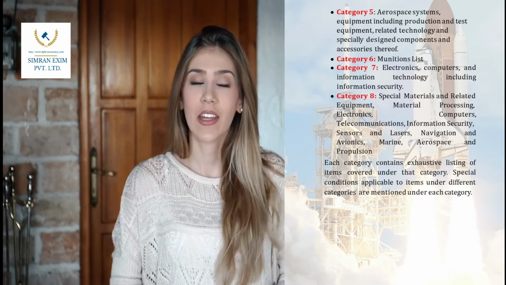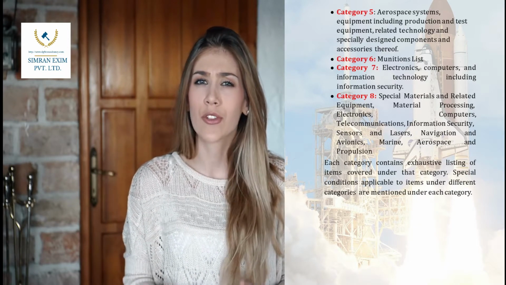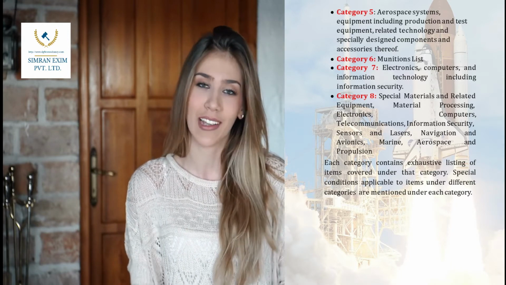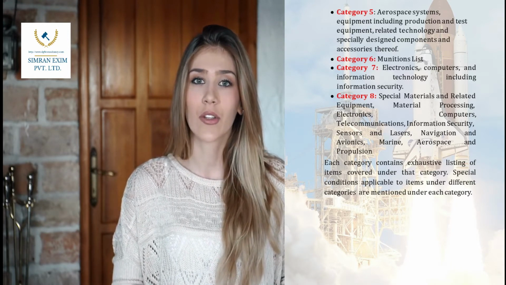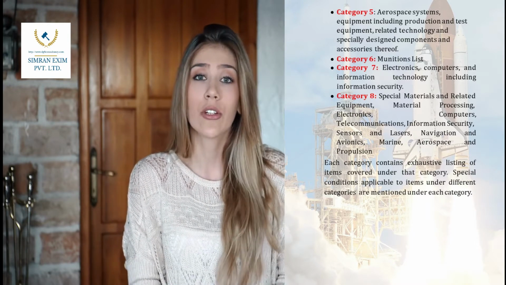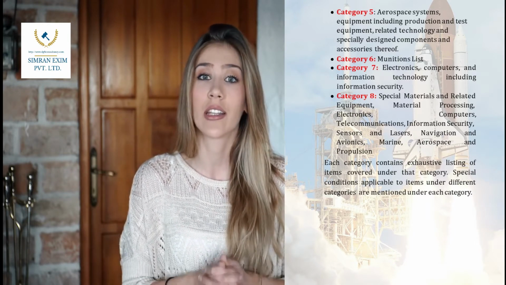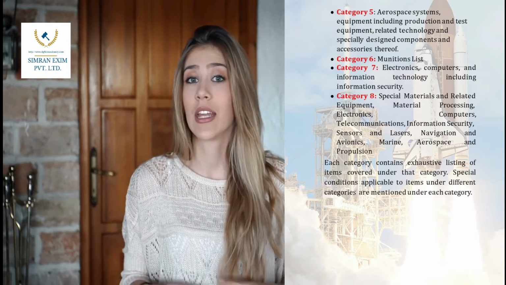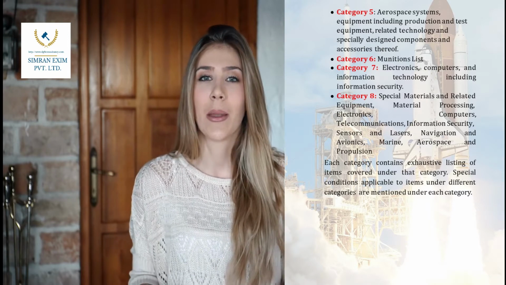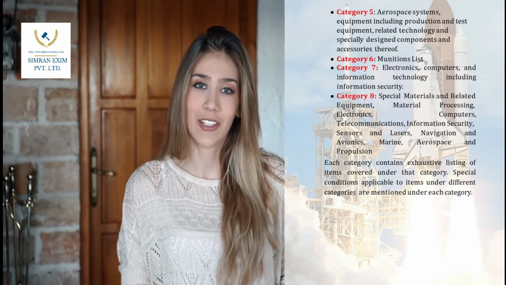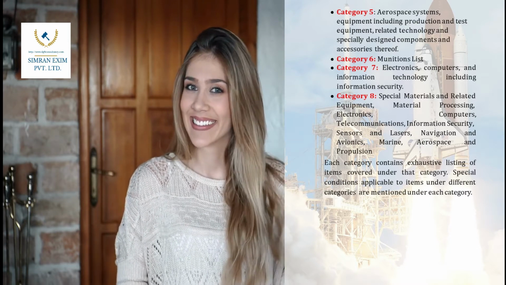Category 8, Special materials and related equipment, material processing, electronics, computers, telecommunications, information security, sensors, and lasers, navigation and avionics, marine, aerospace, and propulsion. Each category contains exhaustive listing of items covered under that category. Special conditions applicable to items under different categories are mentioned under each category.